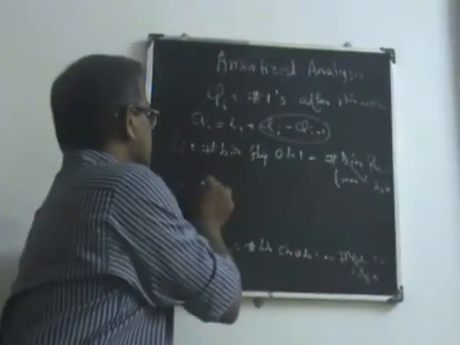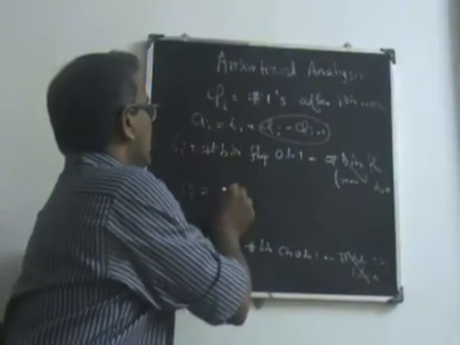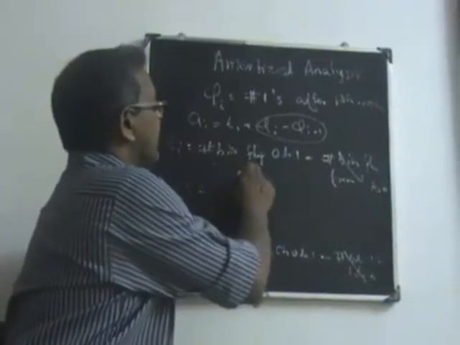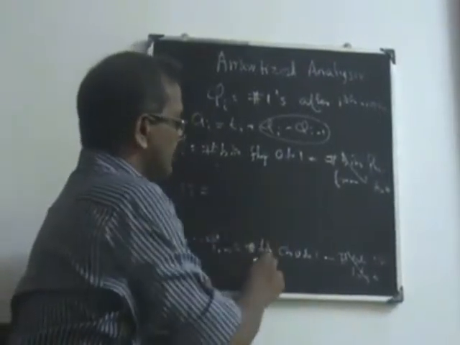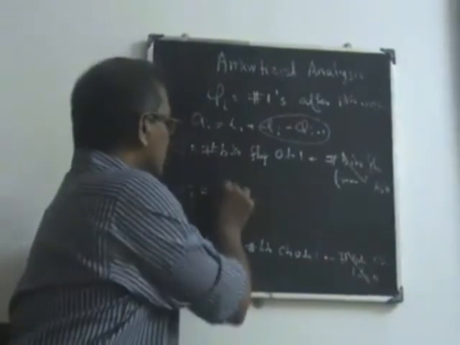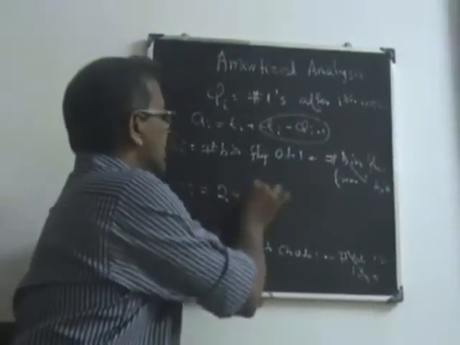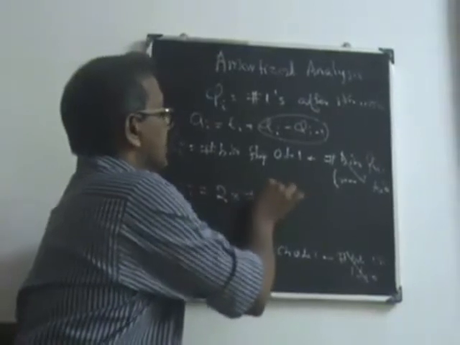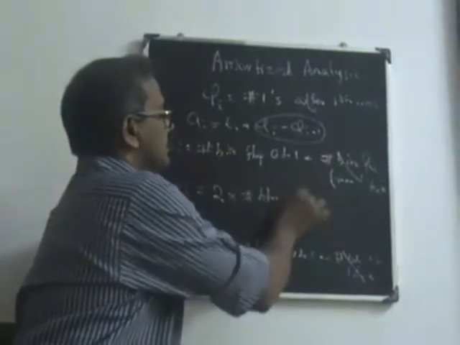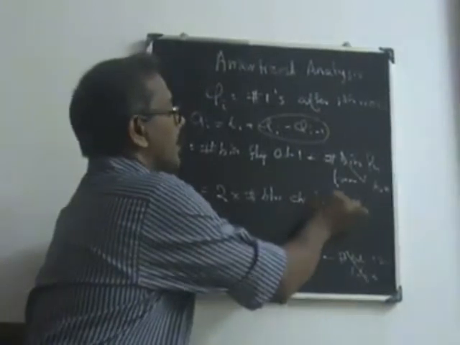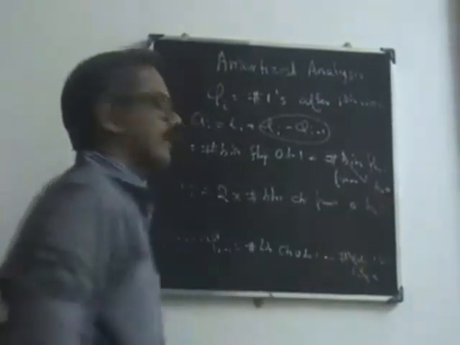So the remaining thing is a_i equal to the number of bits flipped from 0 to 1 here, and here also the number of bits flipped from 0 to 1. So we are adding these two: 2 times the number of bits changed from 0 to 1.